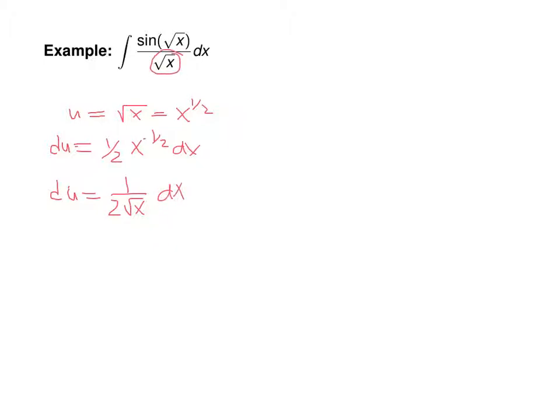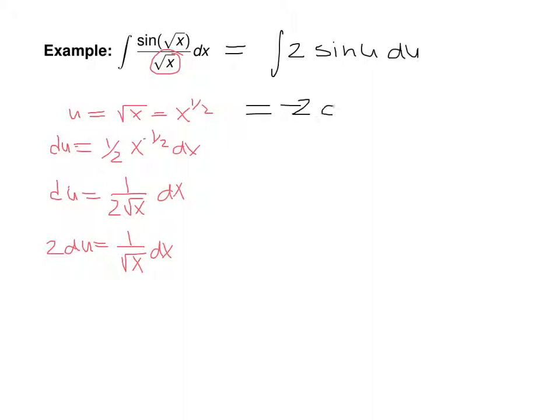We have a 1 over root x, so twice du would equal 1 over root x dx. So this integral just becomes the integral of 2 sine of u du. So that's negative 2 cosine of u plus c, or negative 2 cosine of root x plus c.